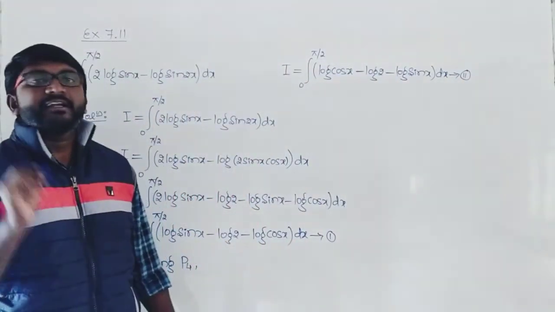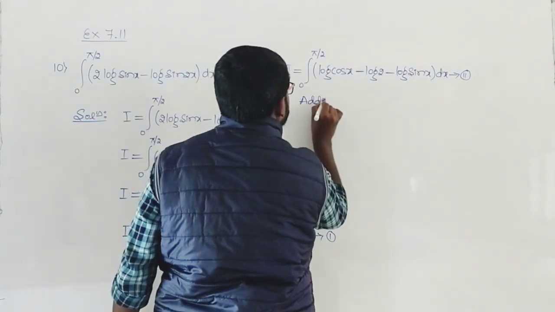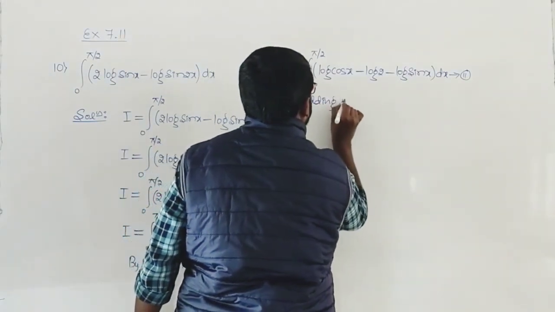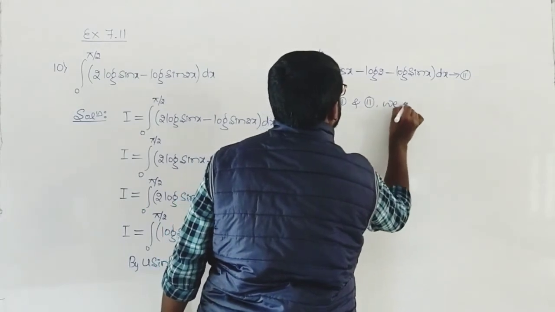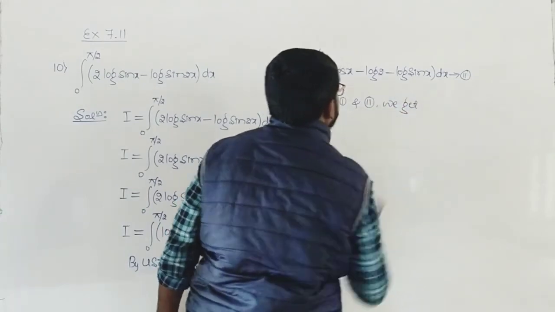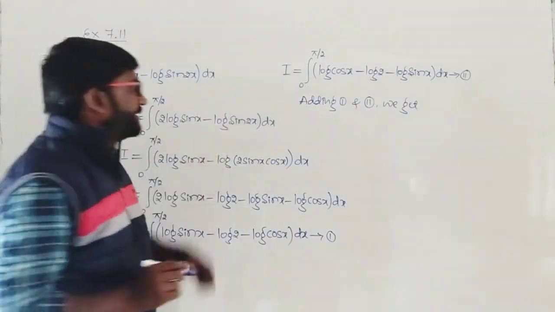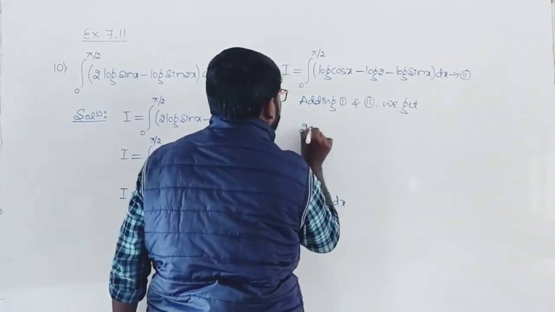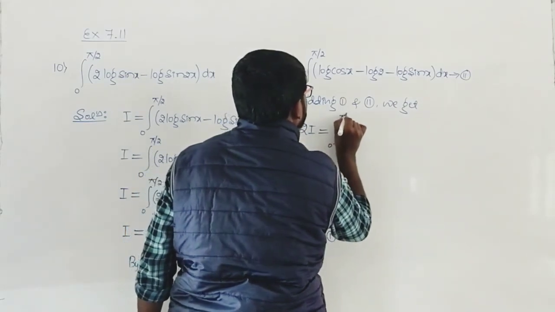Now adding 1 and 2. This is equation 1. I plus I will give us 2I. So 2I is equal to the integral from 0 to pi by 2.